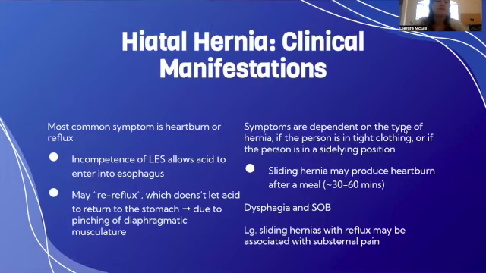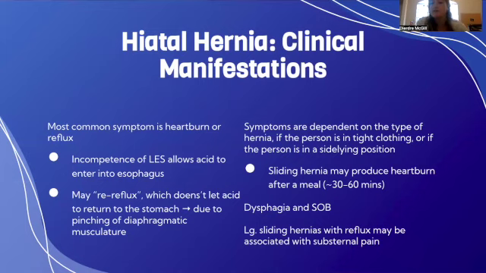Clinical manifestations. The most common symptom is heartburn or reflux. Incompetence allows for that acid to enter into the esophagus, which may help cause that laxity. So it may reflux, which doesn't allow the acid to return into the stomach due to pinching of the diaphragmatic musculature. Symptoms are dependent on the type of hernia.